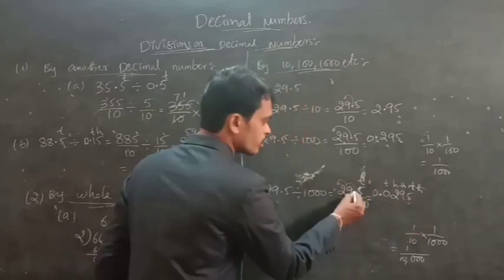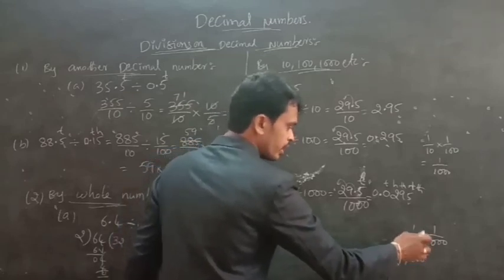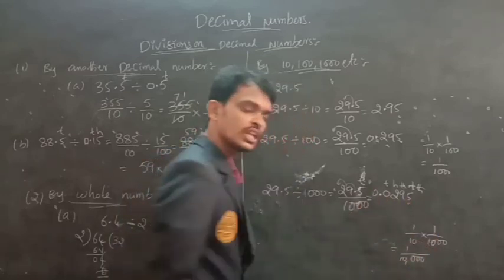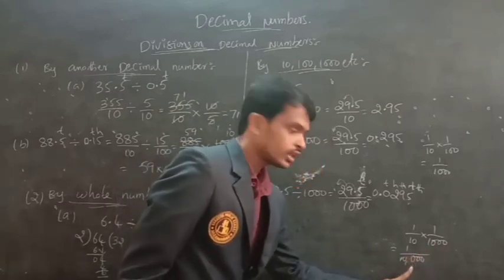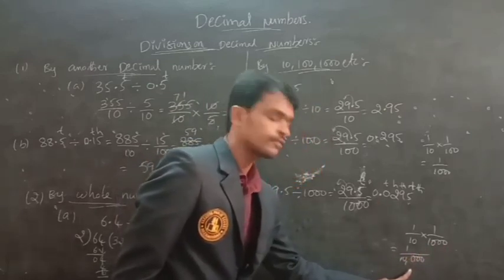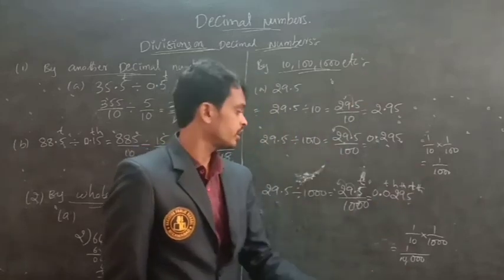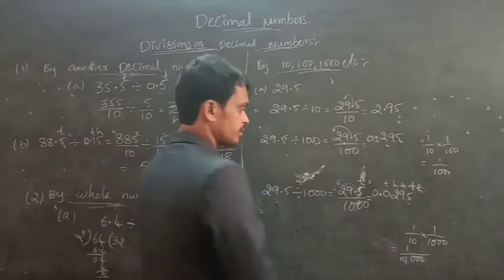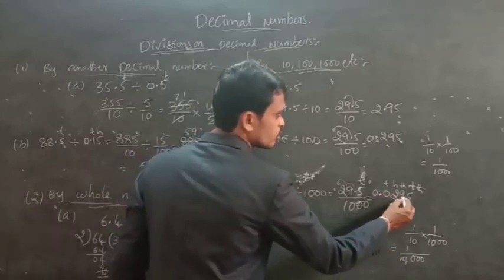We already have the tenth place, and again we are multiplying by 1 by 1000th. If we multiply these two, the decimal point should be placed after the ten-thousandth place. Then the answer is 0.0295.